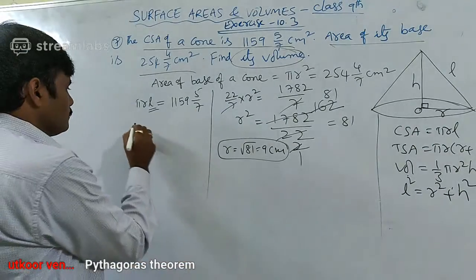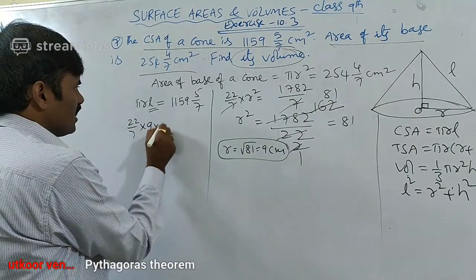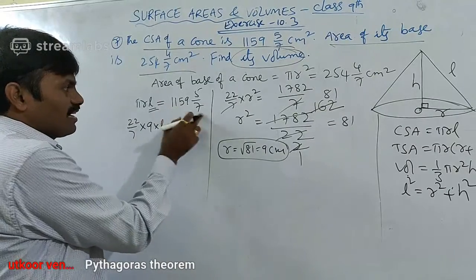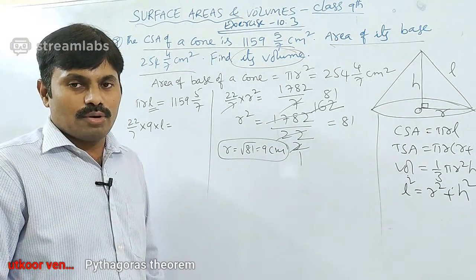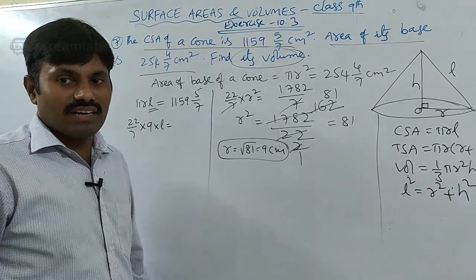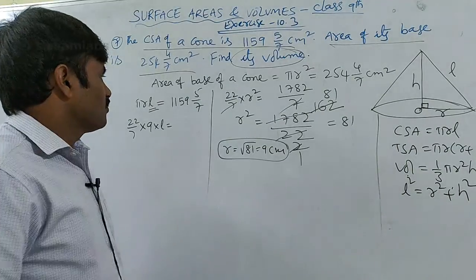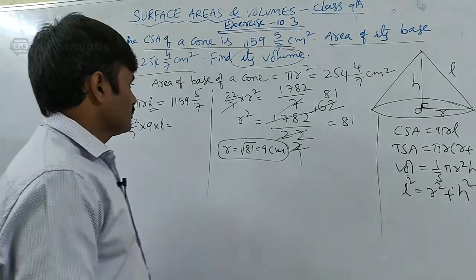So 22 by 7 into r value 9 into l value, which we don't know, and again converting the mixed fraction into an improper fraction. See now how to convert it. 1159 into 7 plus 5.